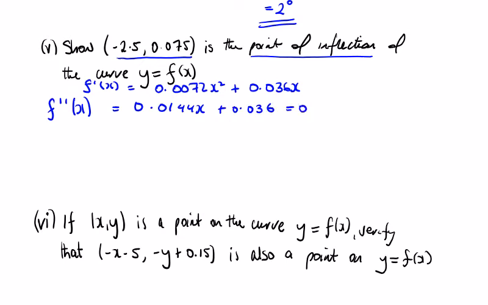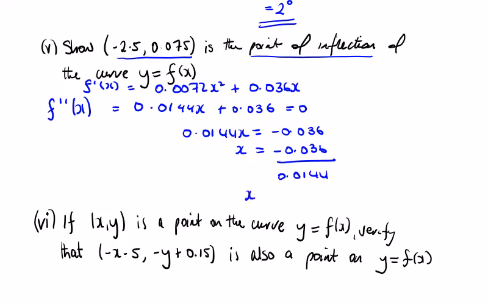If that's equal to 0, we get 0.0144x equals minus 0.036. You can obviously do this in one step. x is minus 0.036 divided by 0.0144. That in fact gives me x to be minus 2.5. Okay, we're on track here. That's what they were looking for.